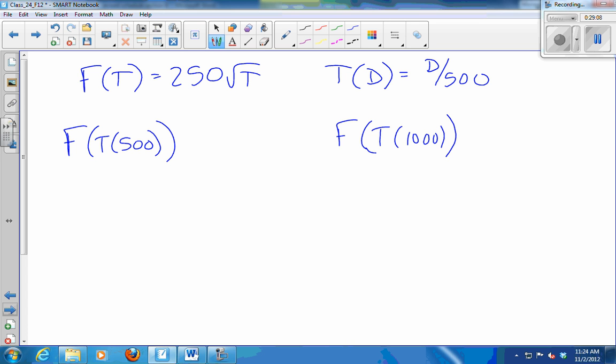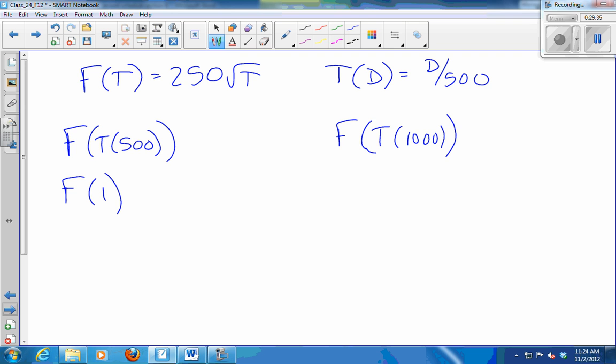Okay, so F of T of 500. I should start by evaluating T of 500, this time using my equation instead of the graph. So what is T of 500? 1. Yep. If you plug a 500 into the function for T, you get 500 over 500, which is 1.